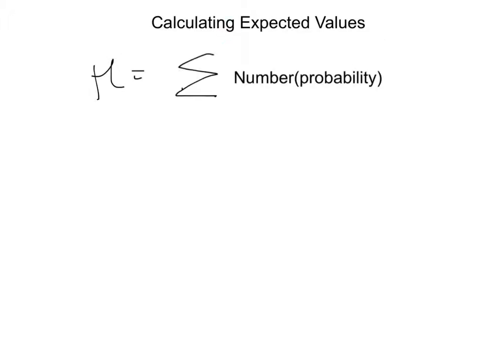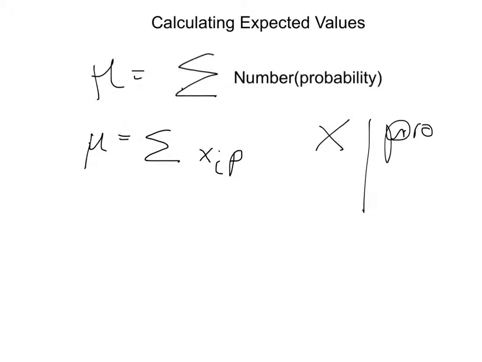Something else that's important is calculating expected values. Our basic formula is mu equals the total number times the probability. Another way to write this would be mu equals sigma xp. So let's say these are our numbers, so x is 1, 2, and 3.